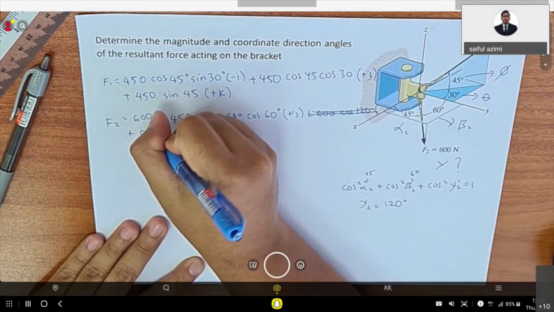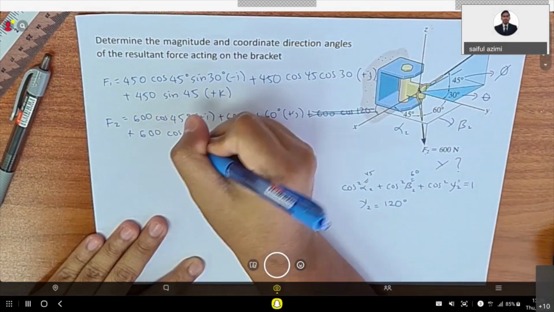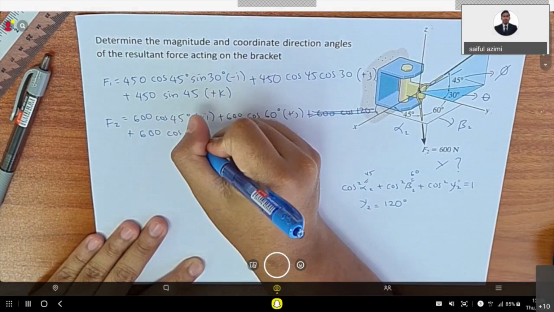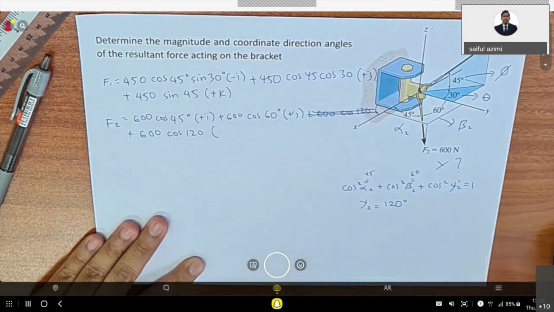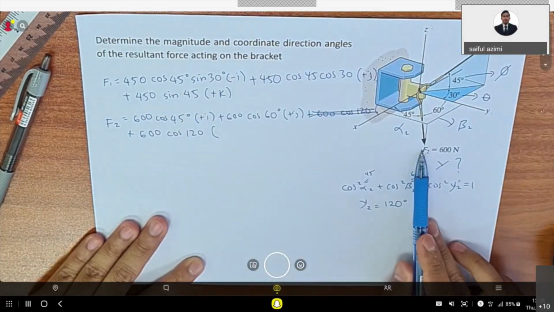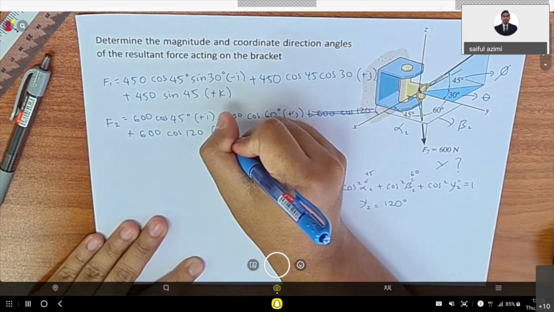Six hundred cos 120. What is the direction of K? Negative K. Okay.